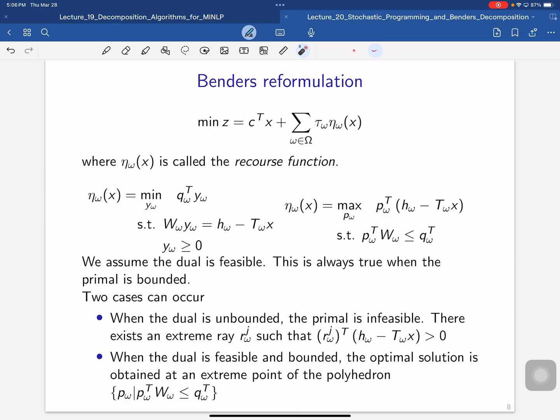So another thing to refresh your memory: do people still remember the Minkowski-Weyl theorem? Anyone would like to talk about what the Minkowski-Weyl theorem is? It's related to extreme rays and extreme points. Anyone? No? Okay, so probably you want to refresh your memory again.